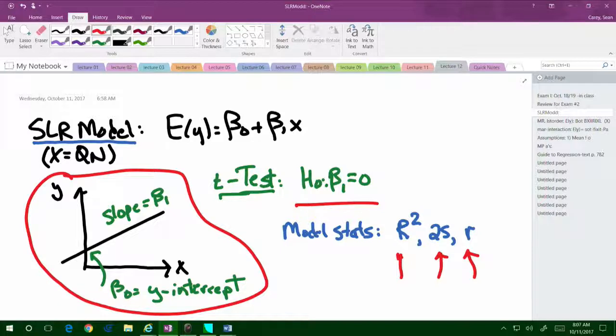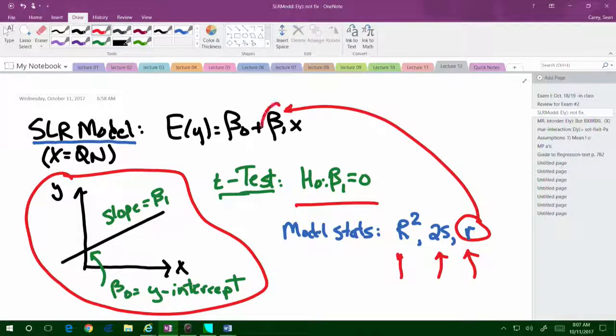And then we also learned that the correlation coefficient really was redundant, that we really didn't need that as part of the game plan for simple linear regression because all the information in R is already contained in beta 1. So beta 1 already has all that information, and if we analyze beta 1, we're good. So that's just an overview of that model, okay? We'll get into more details when we go over the practice test.